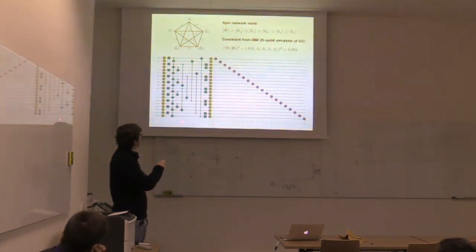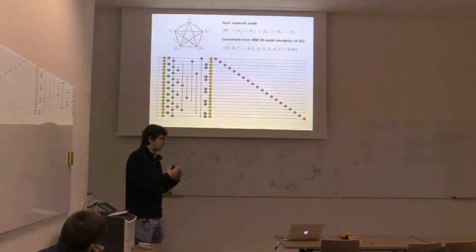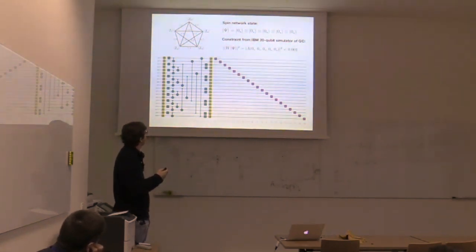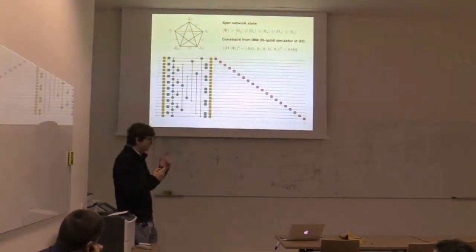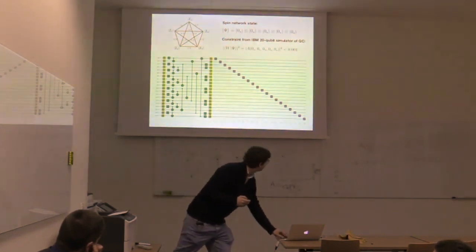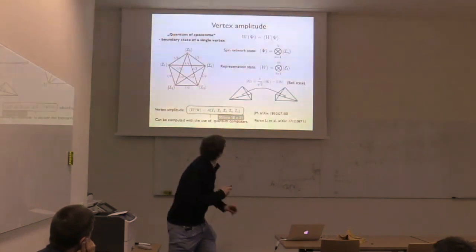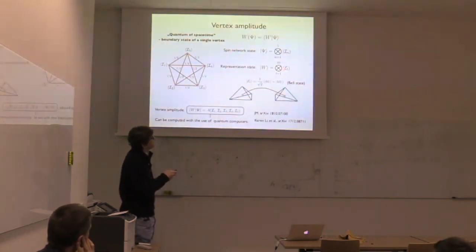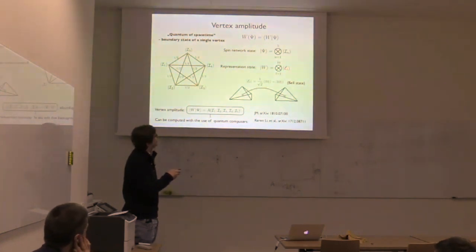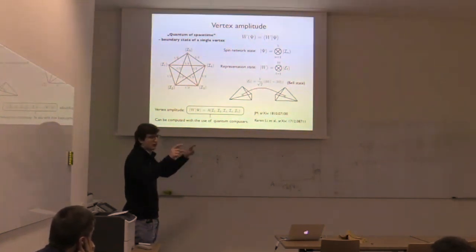And then you have to act with the operator UW dagger. One more thing to make it clear: the W state is nothing more than a product of 10 Bell states, okay, for every link.